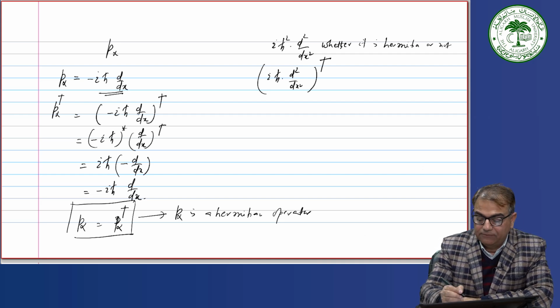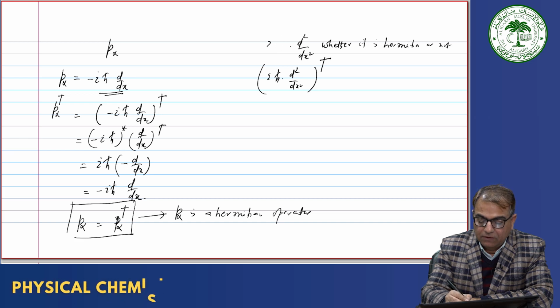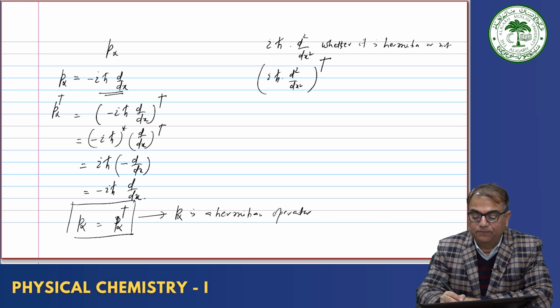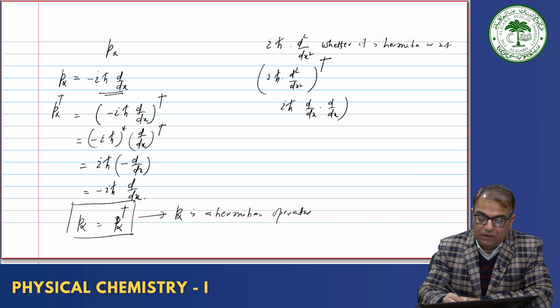Sorry, it's i h cross only, it's not a square. So you find the dagger of i h cross d square by dx square. You write i h cross, and then you have d/dx into d/dx, and the dagger of this.